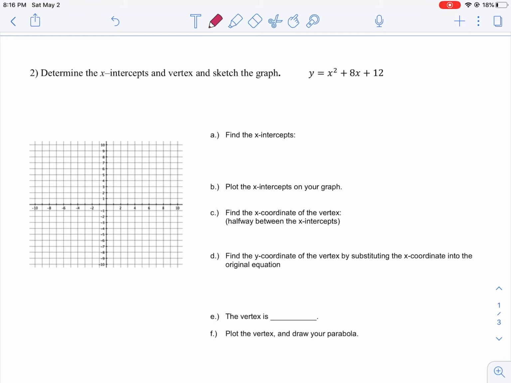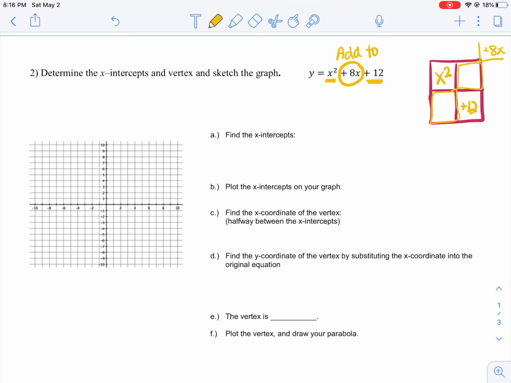So we're going to make our box here, and put in the information that we have. We have x squared in the first box, and plus 12. Then for your middle term, remember, your diagonals have to add to get a positive 8x.